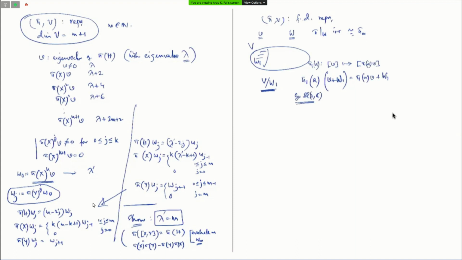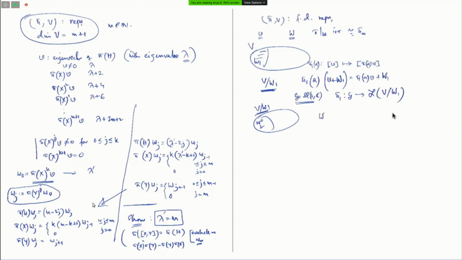So this would give you a representation phi 1 on V quotient W1. Now there you can repeat the same argument. So now on V quotiented by W1, you will get W2 naught, let's say, so that the restriction of phi 1 to W2 naught would be irreducible.